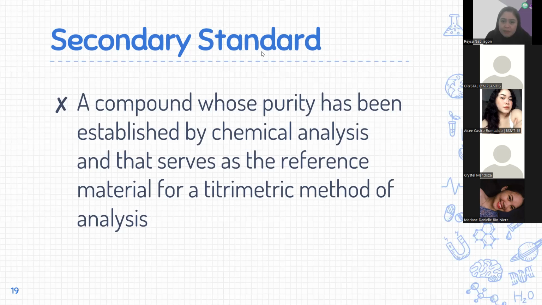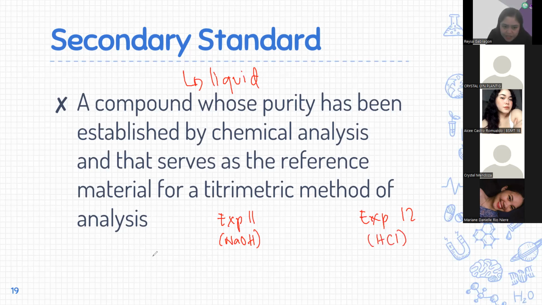So how about the secondary standard? Ang kaibahan nila ng primary standard, si secondary standard is a liquid. Okay? So i-differentiate natin yung experiment number 11 ninyo na preparation and standardization of NaOH. Ito naman, preparation and standardization of HCl. Yung analyte natin doon, supposedly NaOH yun. Pero nagkaiba sila.